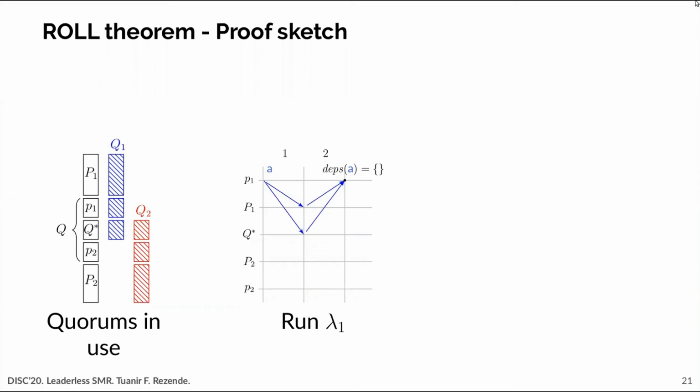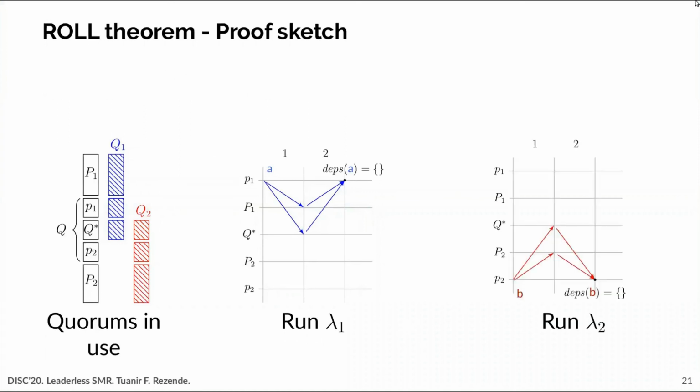We know that this run exists by load balancing, since the size of big Q1 is n minus big F. And by the optimal latency property of the protocol P, we know that by the end of round 2, the dependency set of A is set to the empty set. With an analogous argument, we can define a run lambda2 where only the processes in big Q2 take steps, and the dependencies of B are set to empty by the end of round 2.